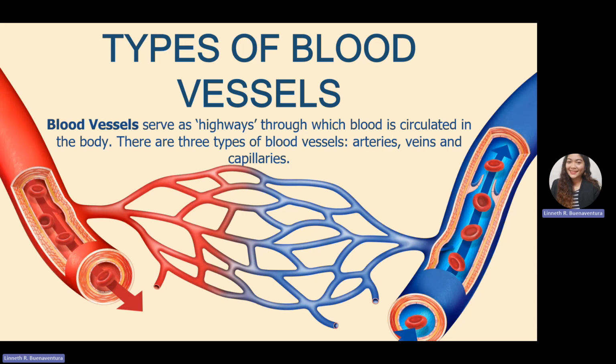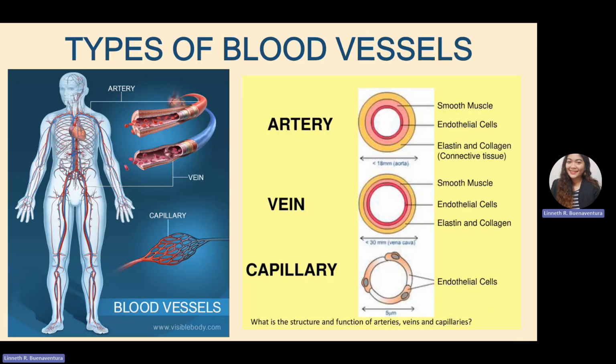So we have different blood vessels. The blood vessels are known as the highway of our circulatory system. So they serve as a path or highway through which blood is circulated in the body. So we have three blood vessels: the arteries, veins, and capillaries.